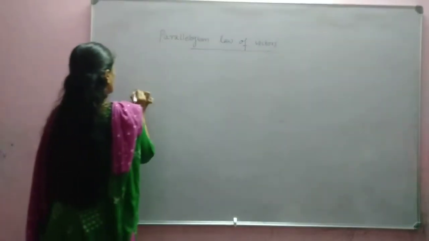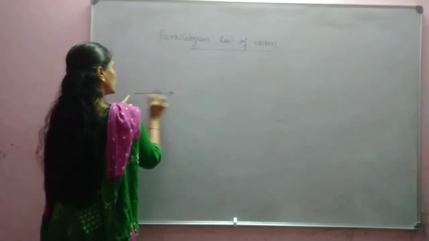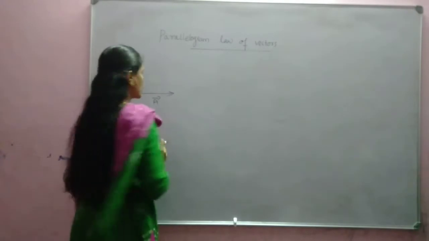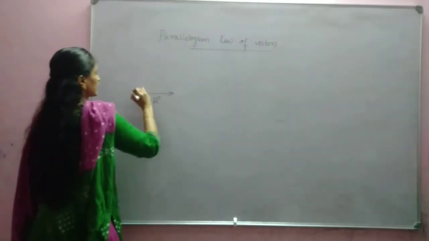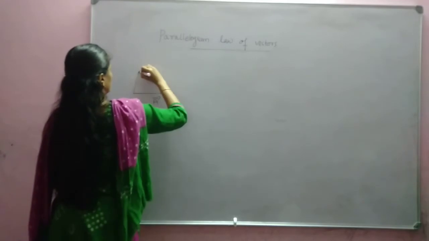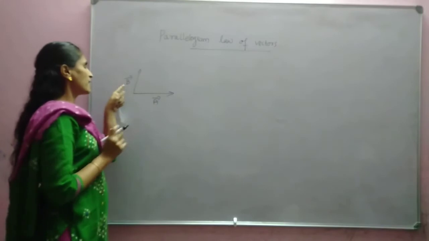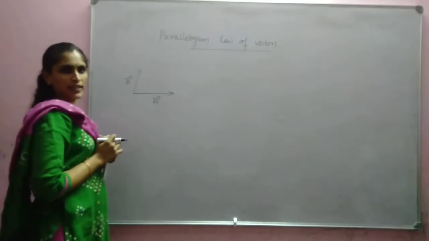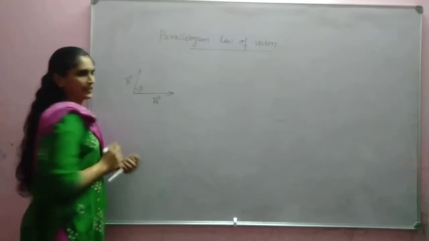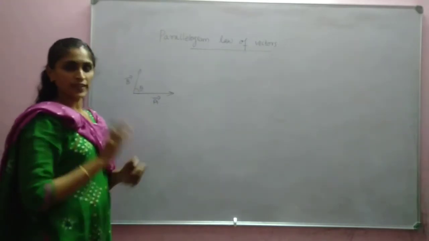One vector is A, which has a magnitude equal to this length and this direction. Again, another vector we are considering, vector B, which has a magnitude equal to that length, and the angle between the two vectors, let it be theta. Now we have to find the resultant.